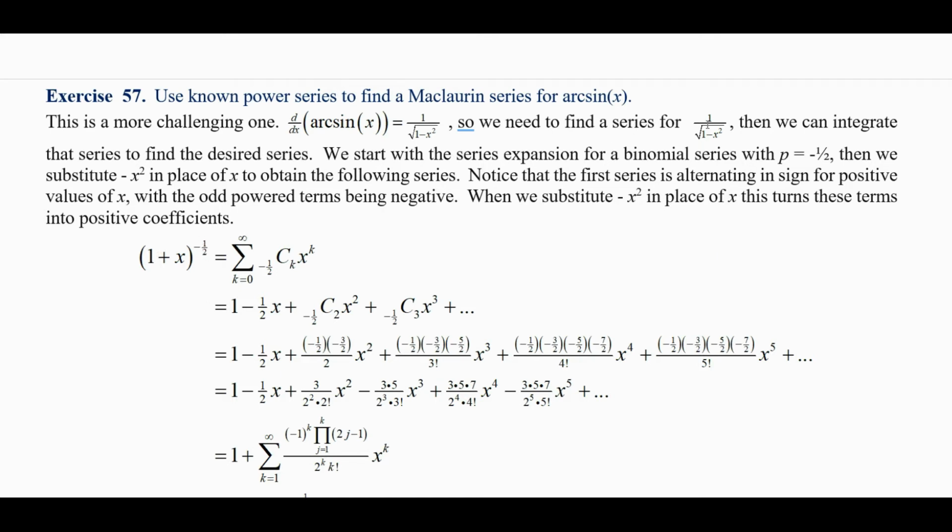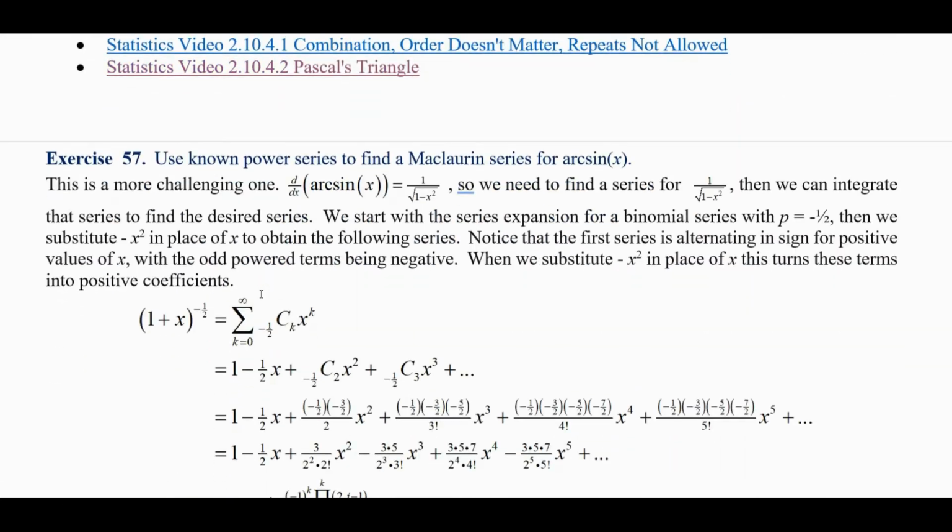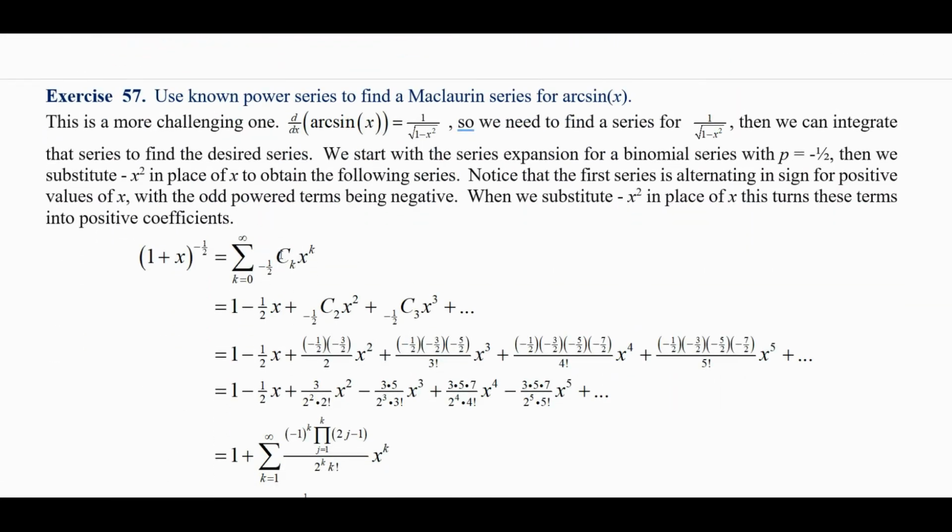So 1 over the square root of 1 minus x squared is almost this. So 1 plus x to the negative 1/2 is kind of what we have here, with p equals negative 1/2. So this is negative 1/2 choose k, x to the k. We can kind of work those out.